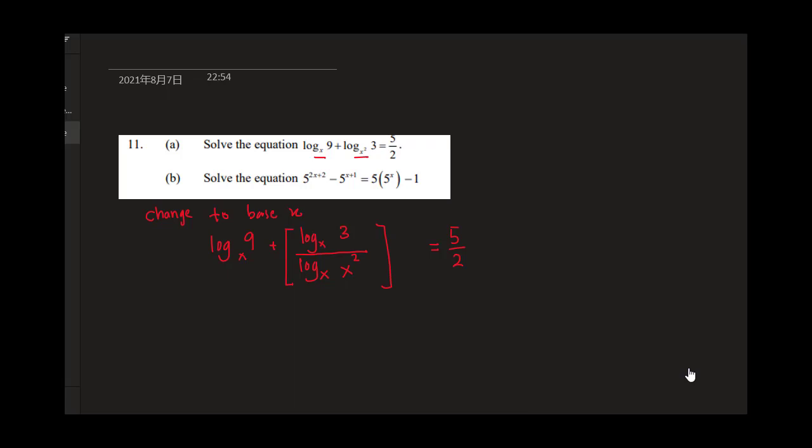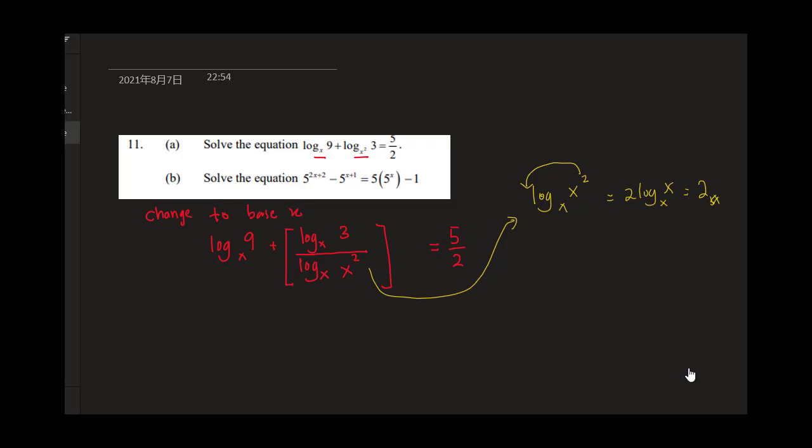From here, we know log x squared to the base x. When you move the 2 in front, it becomes 2 log x to the base x, which is equivalent to 2.